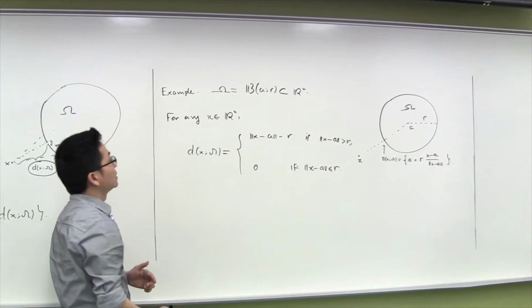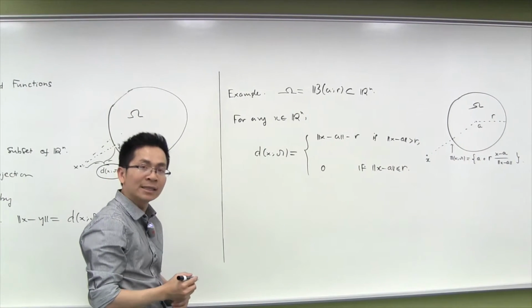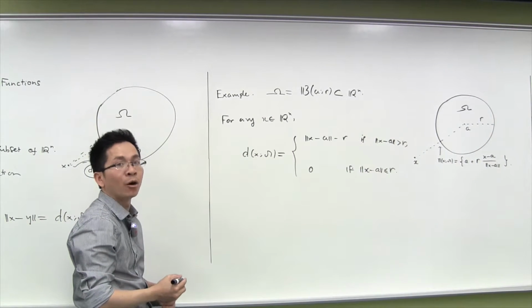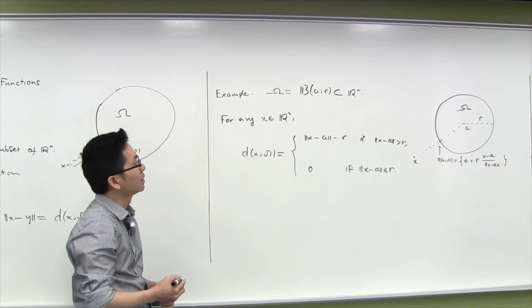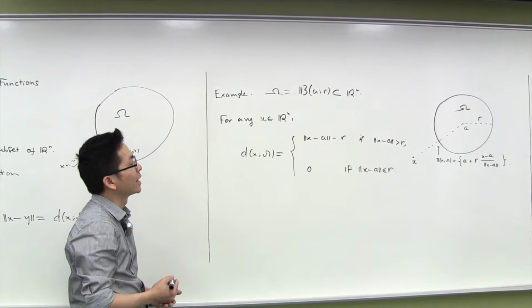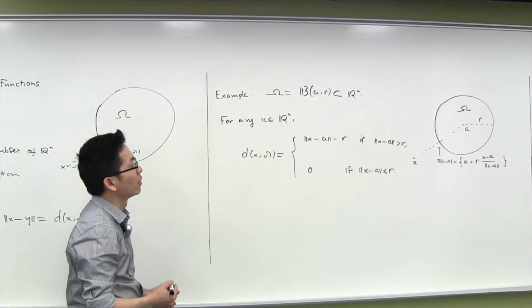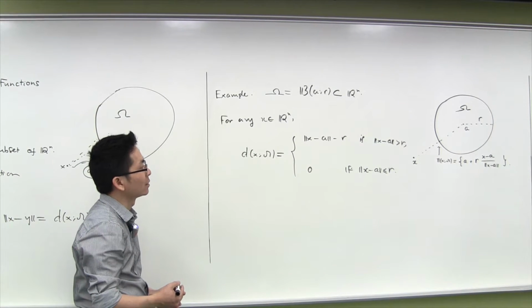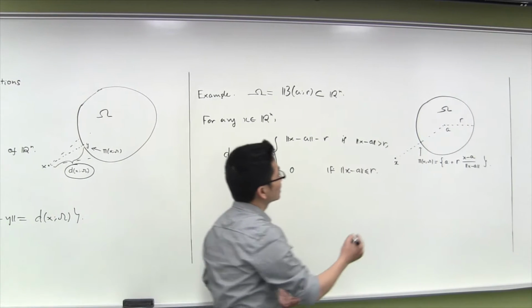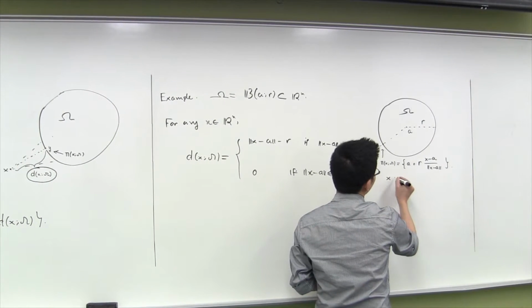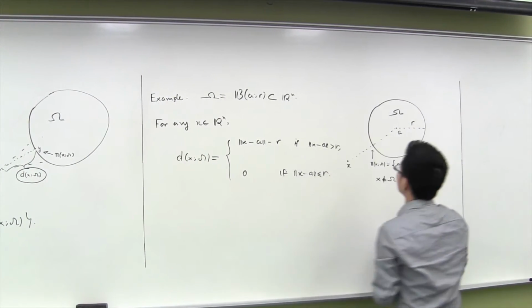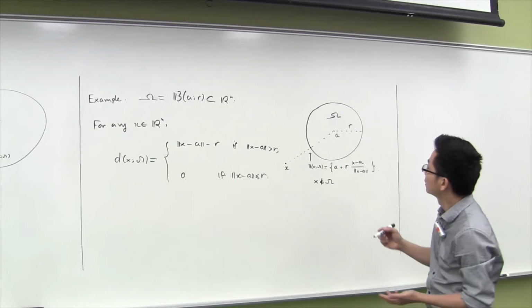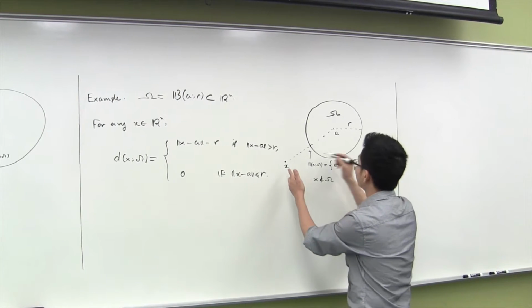Okay, and in this situation, we can see that the Euclidean projection from x to omega is always a singleton. And we can actually write down the explicit formula for the Euclidean projection from x to omega. Okay, so in the case where x is not in omega, the Euclidean projection from x to omega is found as follows. Now we're going to construct a vector x minus a.